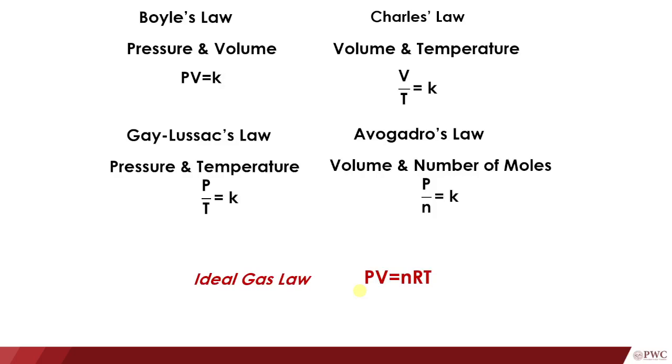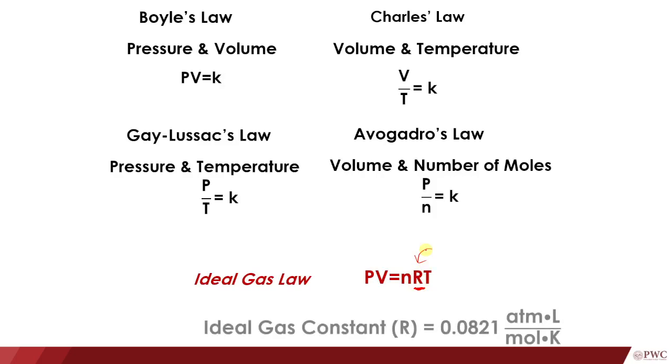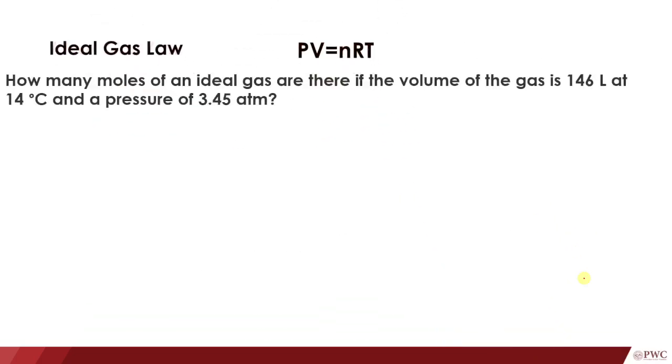This R here is the ideal gas constant. So that's another constant. The R, or the ideal gas constant, is equal to 0.0821 atm times liter over mole times Kelvin. So for this, memorize this constant. You might need this in your ideal gas law problems.